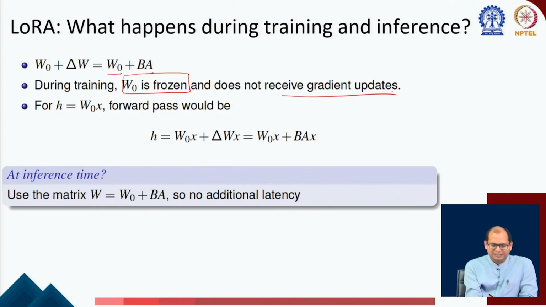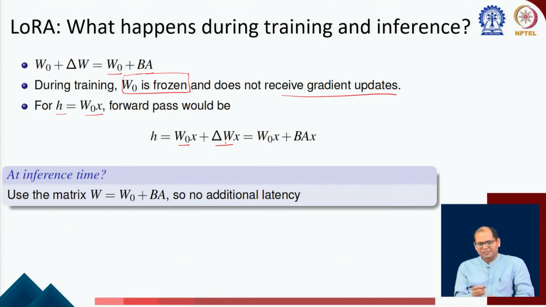Suppose this is what I want to compute: h is equal to W naught x. I have an input x, and I want to multiply it by matrix W naught. Now this will be W naught plus delta W, times x, the change that you want to approximate.